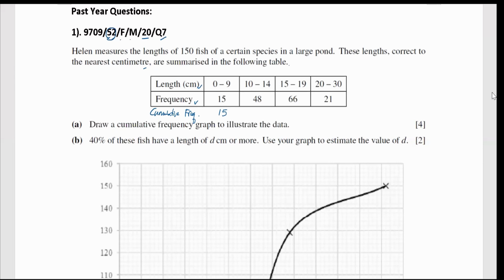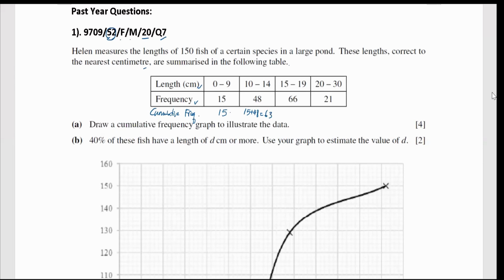Now we are looking for the fish of length 14 cm and below, total how many fish? We just take 15 plus 48, and we get the cumulative frequency for 14 cm and below. So 15 plus 48 is 63.